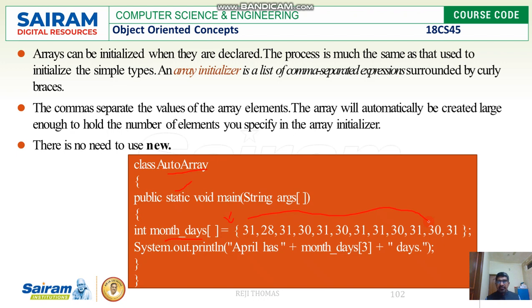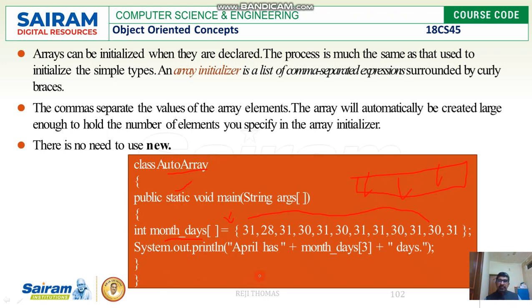Look at how I have done it. I just put the curly brace, then all the members are separated with a comma. So this is going to create an array with size 12, and each member will be initialized with this value.